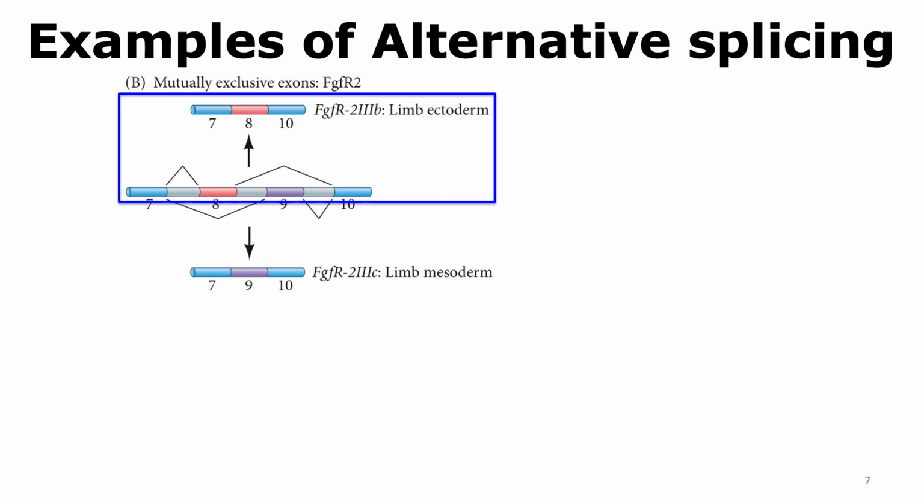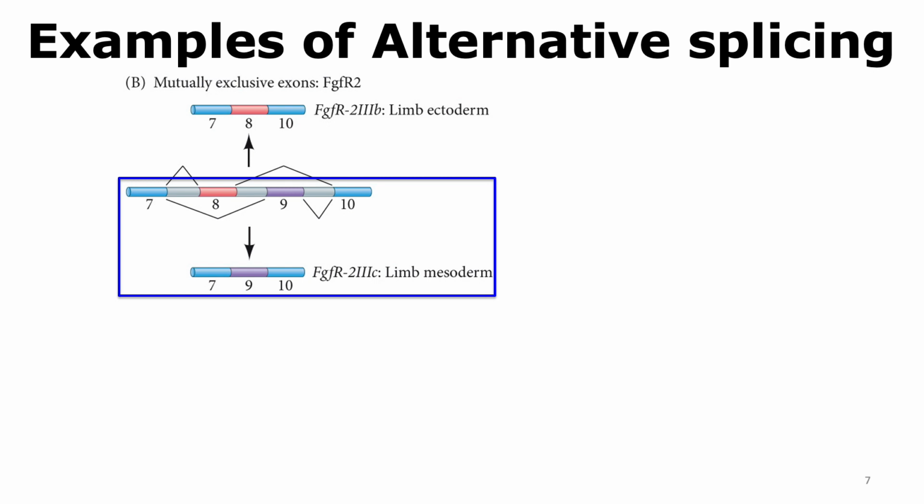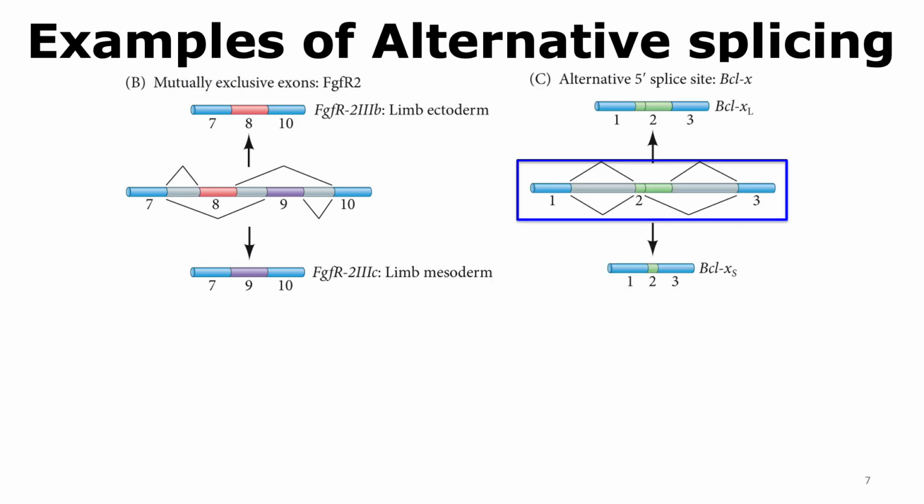However, alternative splicing can also create a messenger RNA that has exons 7, 9, and 10 joined together. In this case, we are seeing a phenomenon of mutually exclusive exons, where the messenger RNA can either have exon 8 or exon 9, but it cannot have both.